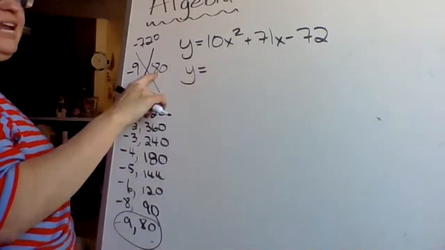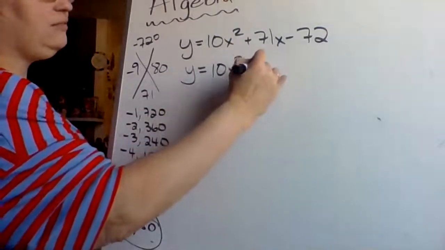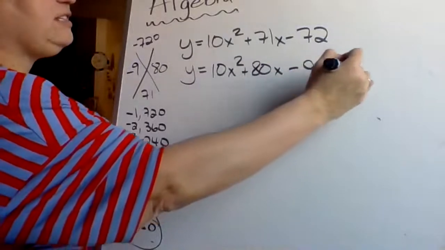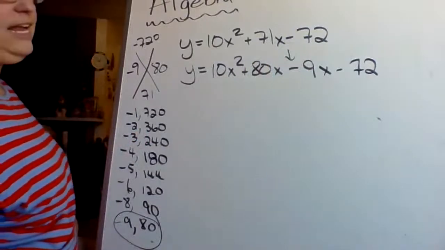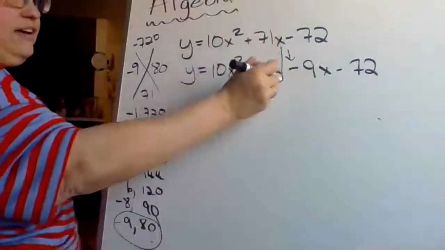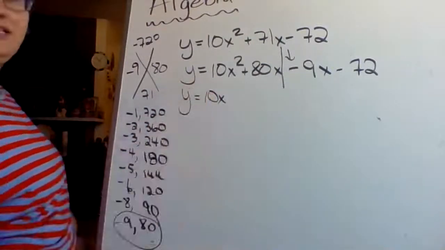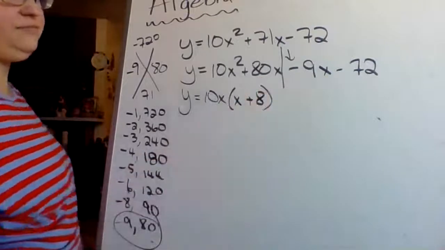Now, I'm going to do 80 first. Why? Because I actually want to make sure that you see this having a negative right here. That's the only reason I'm doing 80 first. So if I go here, I take out a 10x. I get x plus 8.